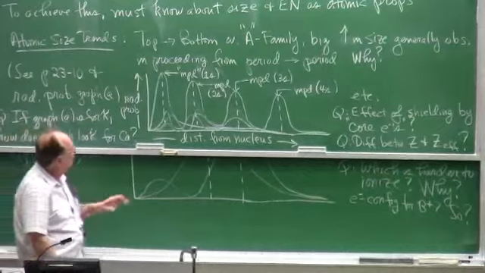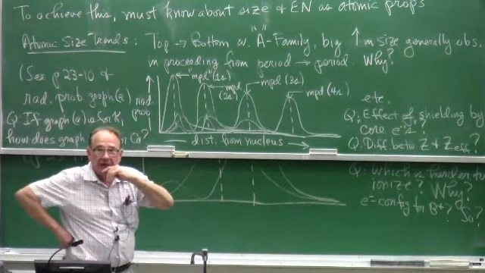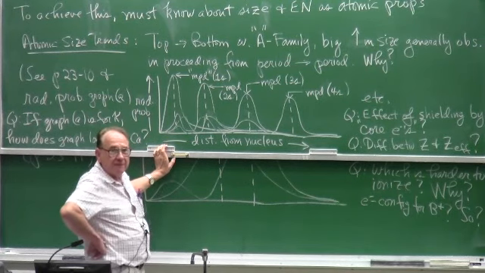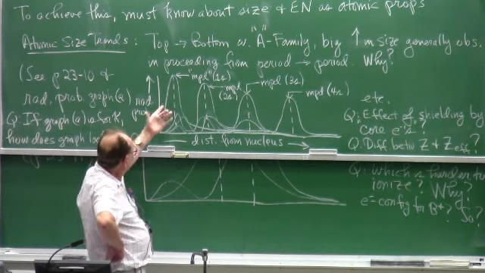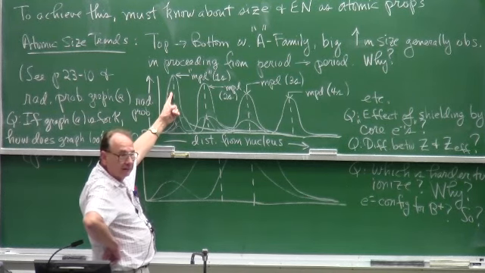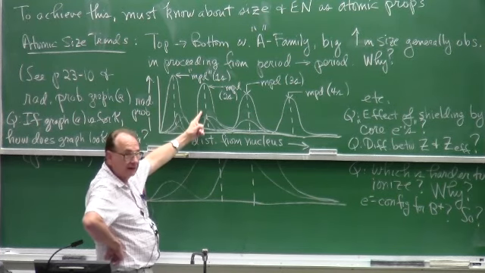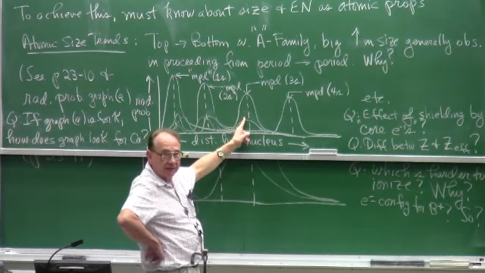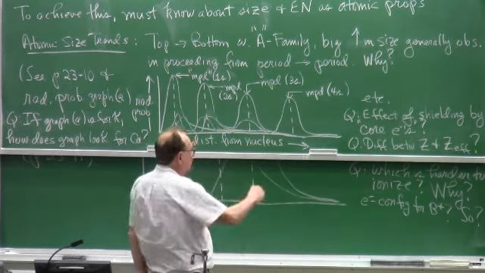Now, this graph can also be viewed as a graph which to an extent compares the size of hydrogen with a 1s electron, lithium 2s electron, sodium 3s electron, these are of course valence electrons, and potassium 4s electrons.